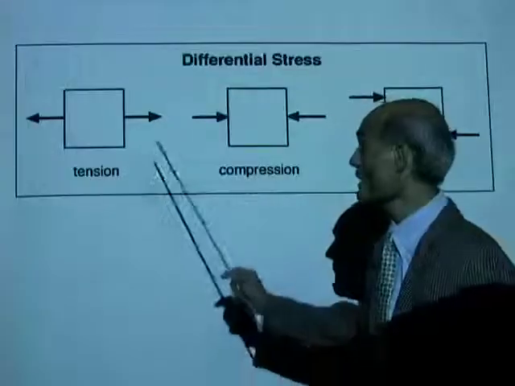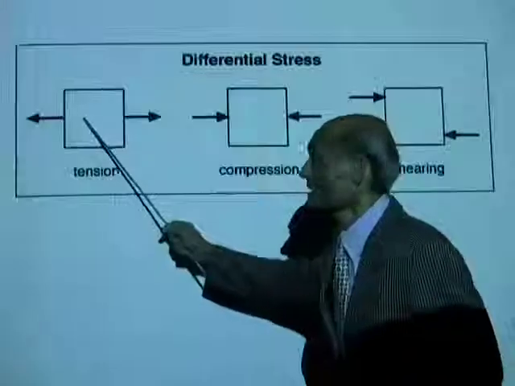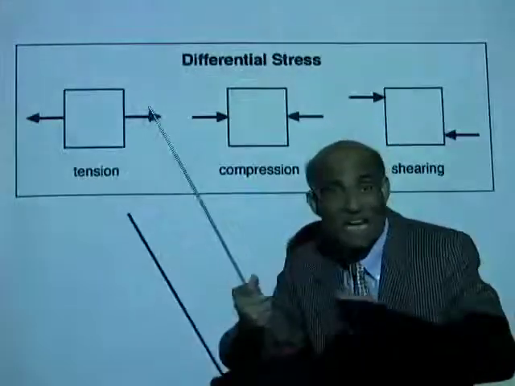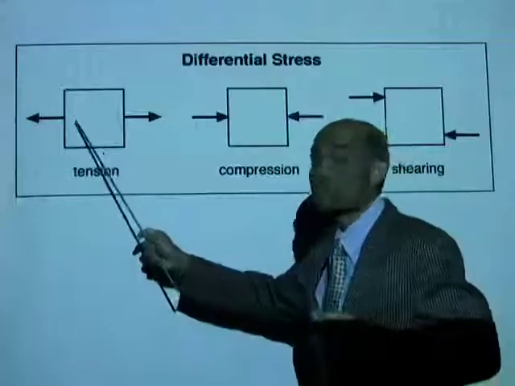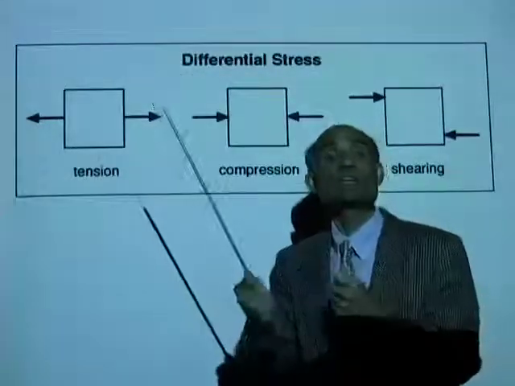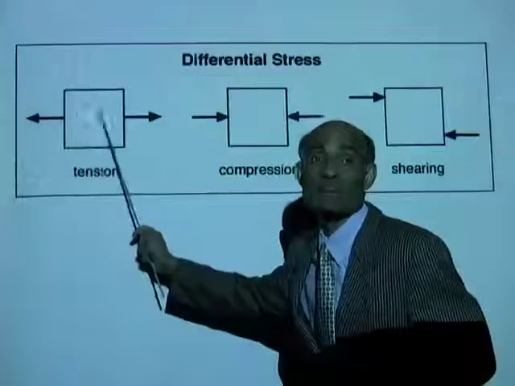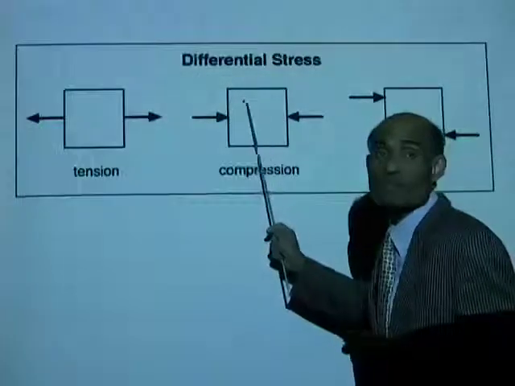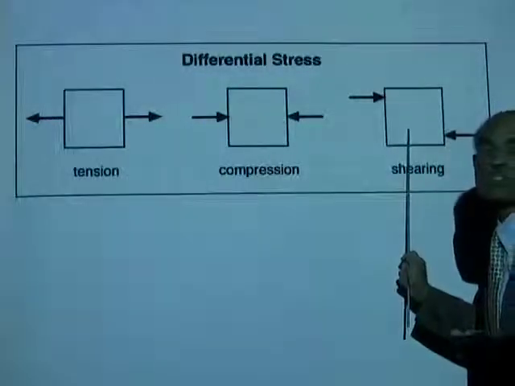and shear stress. Here I have illustrated the three types of stresses. A stress that causes a tension, a stretching force, which changes the length, either increase or decrease, that is a tensile stress. You have a compressional stress, and look at this, a shearing stress.